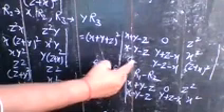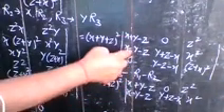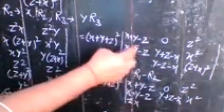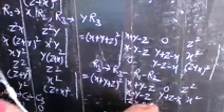Here you have 0, so you add it. So if you add it and change its sign, x plus x, so you have 2x, so write here minus 2x, and y cancels out.